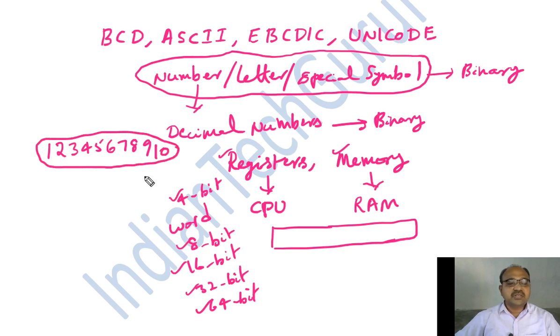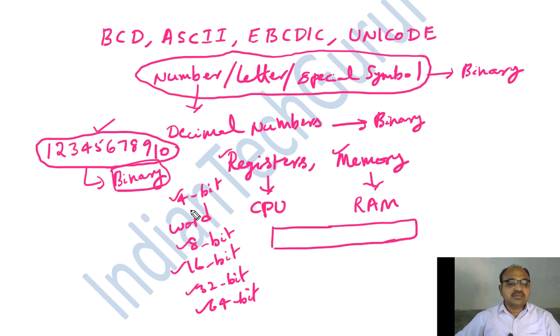Then what we did previously, we have converted this decimal number into equivalent binary number and stored this particular number in the register or memory as binary number. However, if you convert this much large number into binary value, then it will be too big to fit into either the register memory or the main memory.